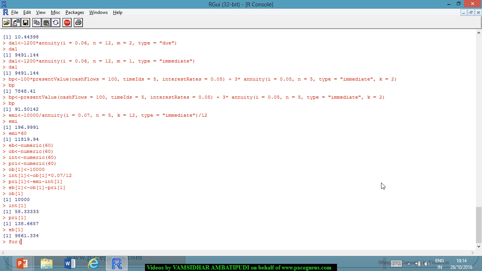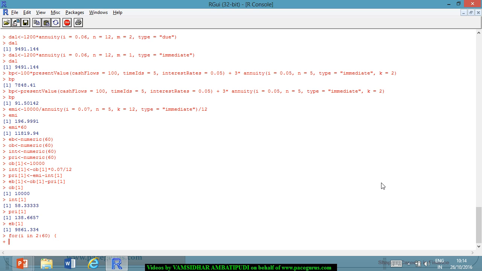Now we will do it from 2 onwards. For I in 2 to 60, each one I have to take one by one. For I in 2 to 60, I am considering the first thing, the opening balance of I. Opening balance of I is same as ending balance of I minus 1.